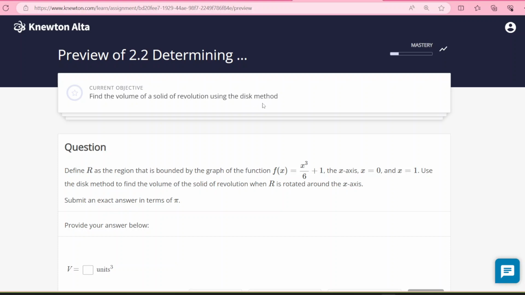Later in the video, we'll see something called the washer method. It's just the disk method again, but a washer is simply a disk with a hole in it, so one big disk with a little disk taken out. With this disk or washer method, we're going to make our slices perpendicular to the line that we are rotating around. And I'll point that out with each example.